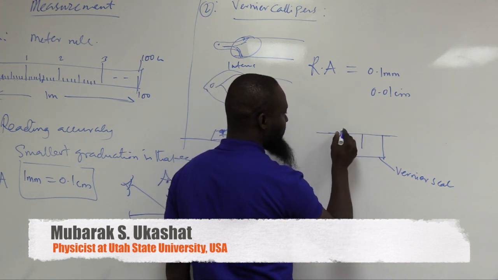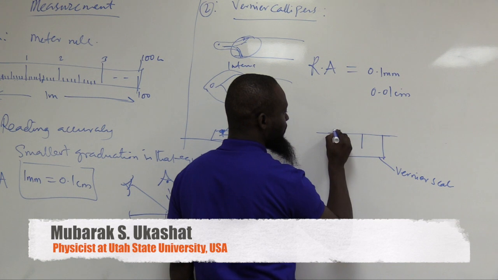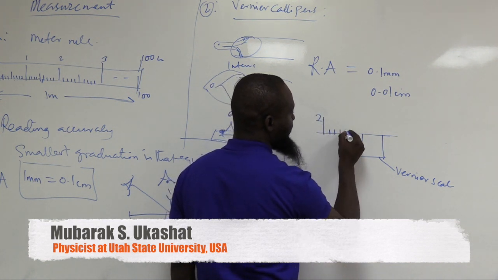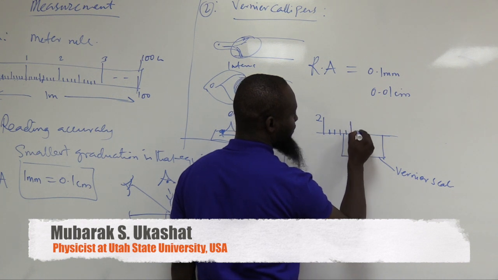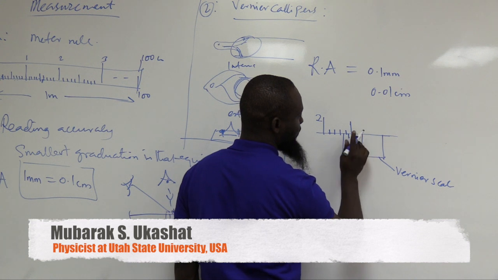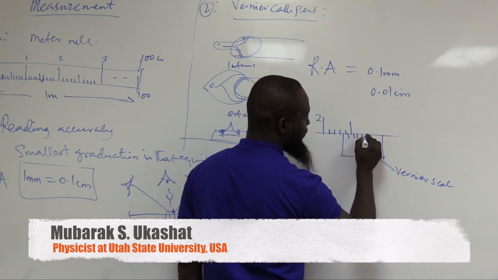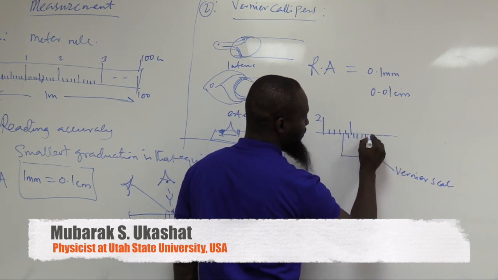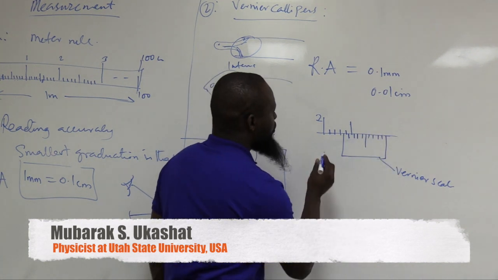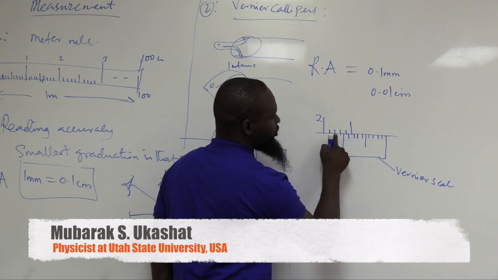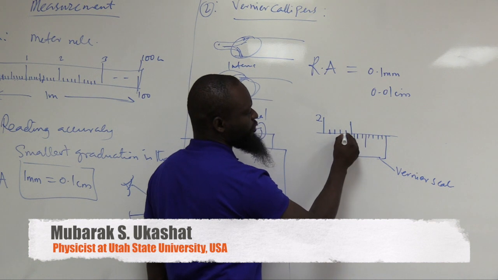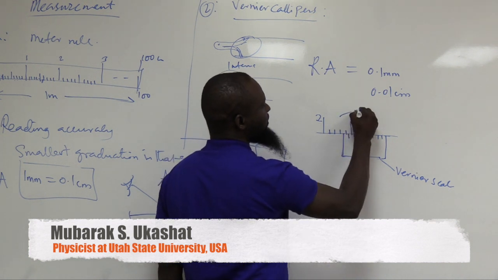So we have 1, 2, 3, 4, 5, 6, 7, 8, 9, 10. When you measure this, this will give us 2.3 before the vernier scale started. So this is the main scale.